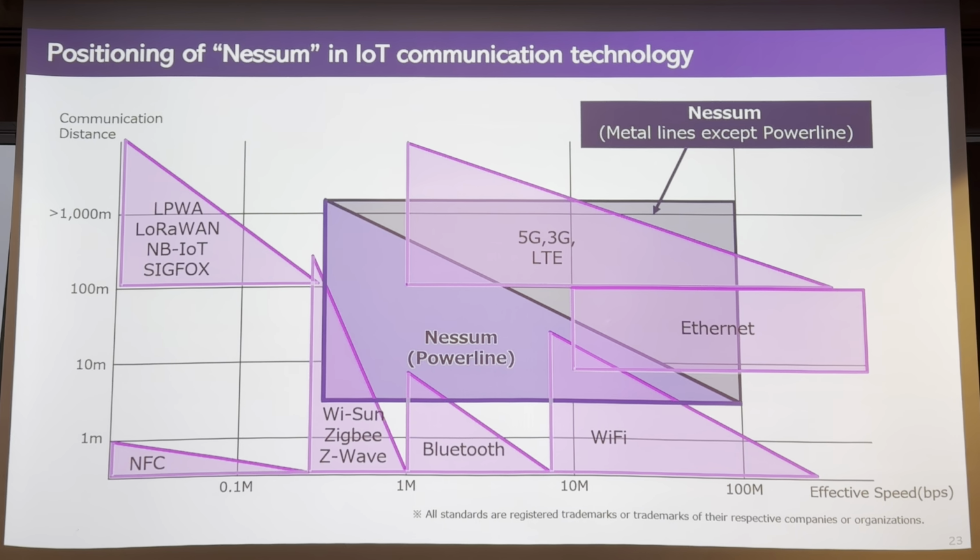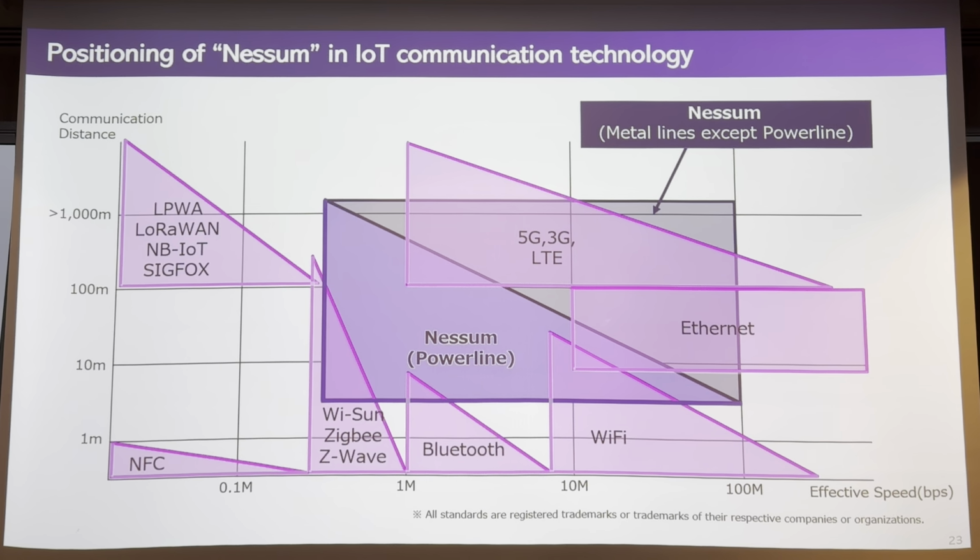This figure shows a comparison of various communication methods, including Nessum. The horizontal axis shows the effective speed, and the vertical axis shows the possible communication distance.